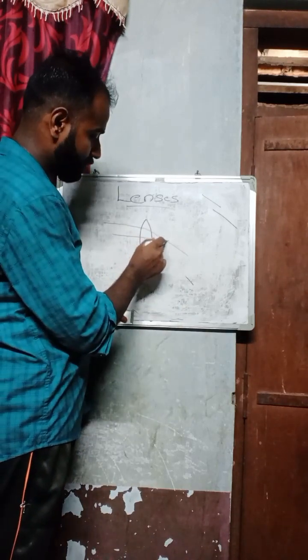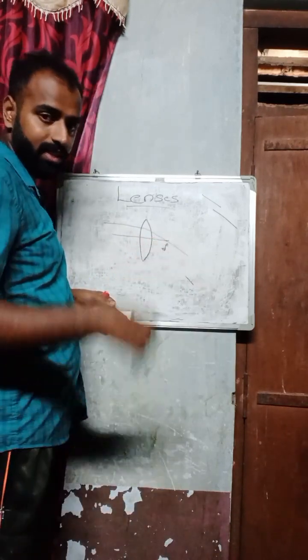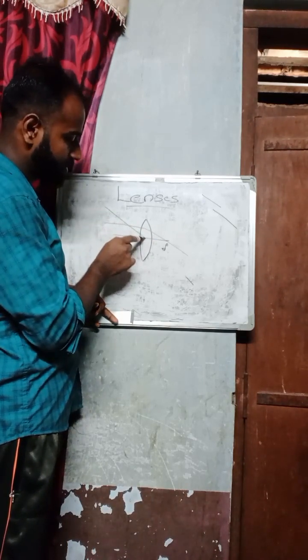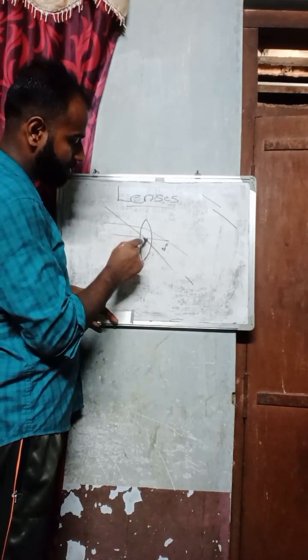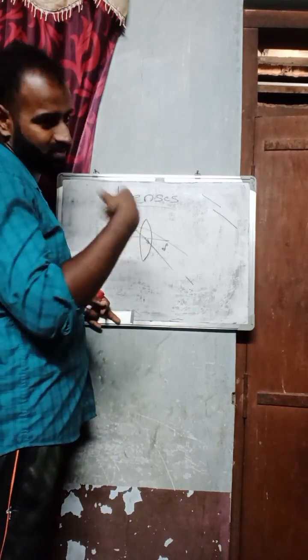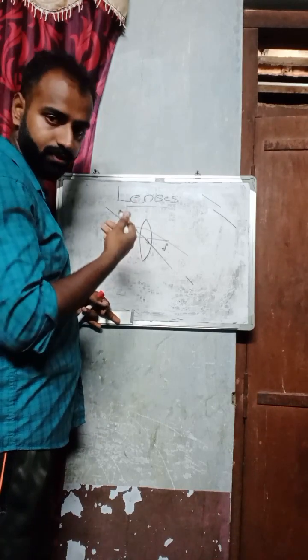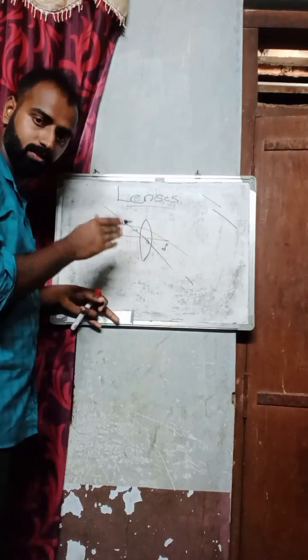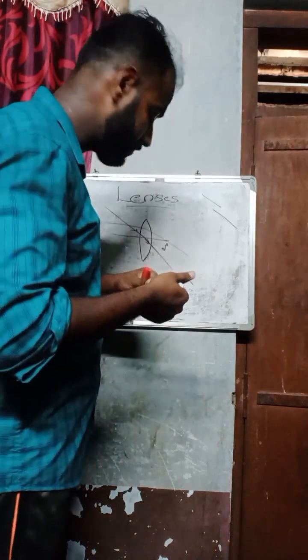It will pass through the focus. And the second rule: the light rays passing through the optic center will go undeviated. It will go like this. These two rules are enough for finding the position of the image from the ray diagram.